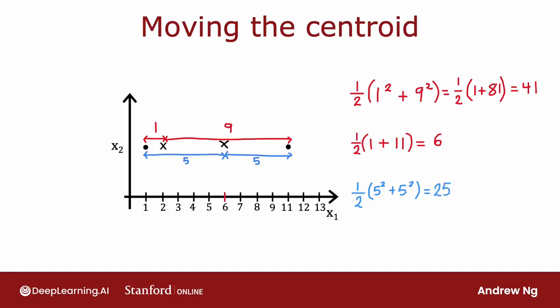And this is a much smaller average square distance than 41. And in fact, you can play around with the location of this cluster centroid and maybe convince yourself that taking this mean location, this average location in the middle of these two training examples, that is really the value that minimizes the square distance.